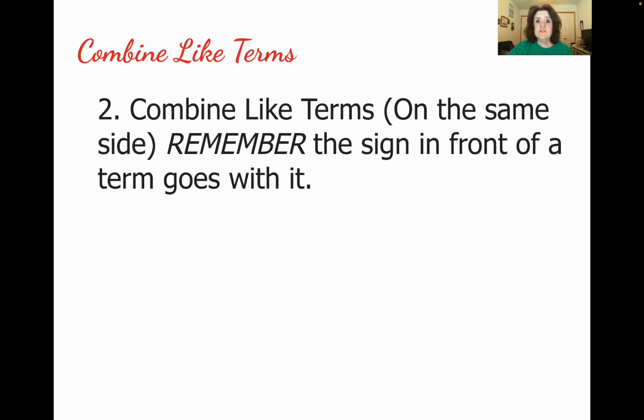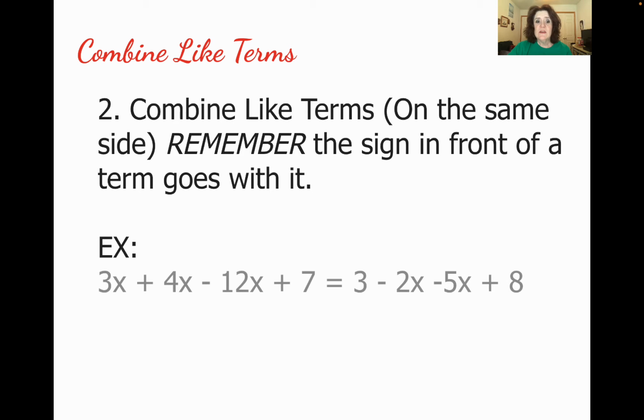When you combine like terms, again, remember the sign in front of the term goes with it. So when you have, for example, 3x plus 4x minus 12x plus 7 equals 3 minus 2x minus 5x plus 8, you would combine the x's on the left, the 3 and the 8 on the right, and the x's on the right.